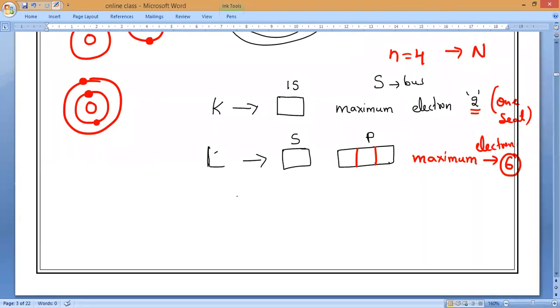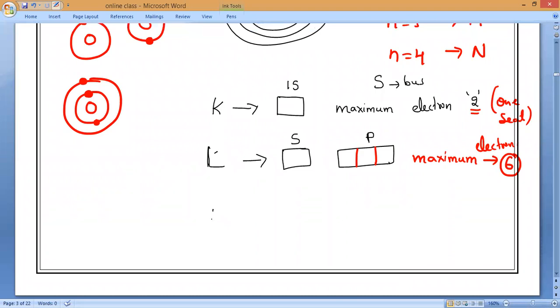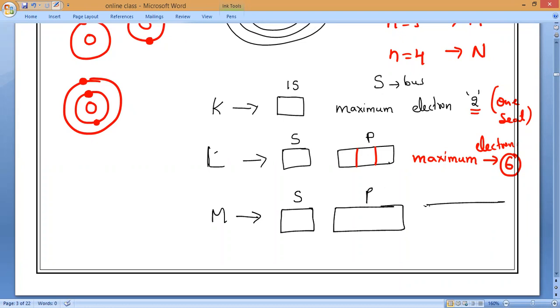Next, the third one, the M shell, has 3 buses. One bus is the s bus, the second is the p bus, and the last one is the d bus. The s bus has only one seat.